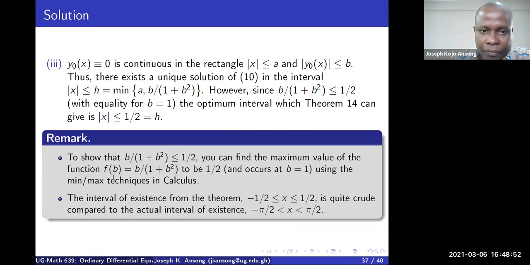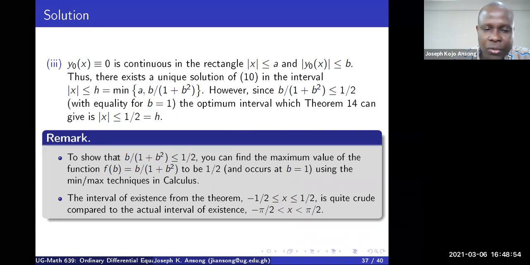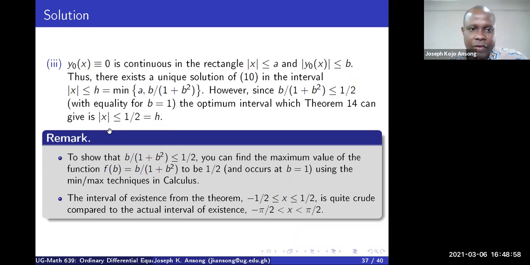Okay, good. So just by this analysis, we see that the theorem, the lemma that gives us the error estimate, says that the solution actually exists between negative 1 over 2 and 1 over 2, which is really very restrictive. I will show a graph at the end of this lecture.